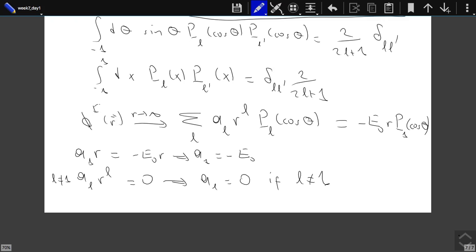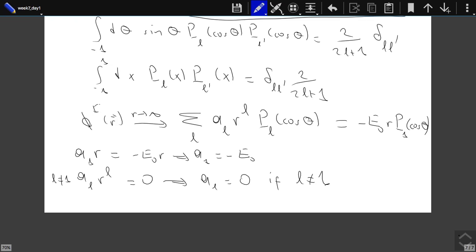So now we know the A coefficients. Remember, inside the sphere, we could determine the B coefficients from the requirement that the potential should be finite. On the outside, we can determine the A coefficients because those are the ones that diverge. If the potential was 0 at infinity, we could have just said that it should be 0.